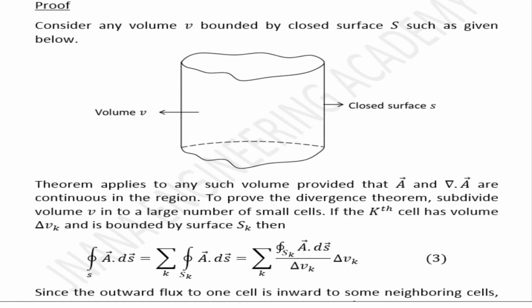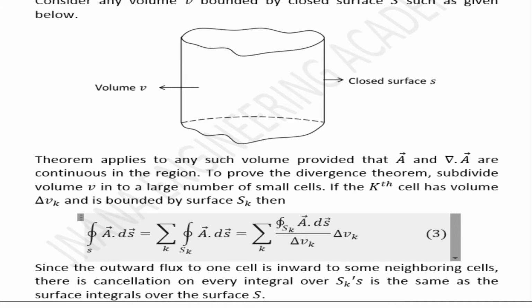Now, if the kth cell has volume delta Vk and is bounded by surface Sk, then we can write that the closed integral over S of A dot dS is equal to the summation over k of the integral over Sk of A dot dS, which is equal to the summation over k of the integral over Sk of A dot dS by delta Vk into delta Vk.